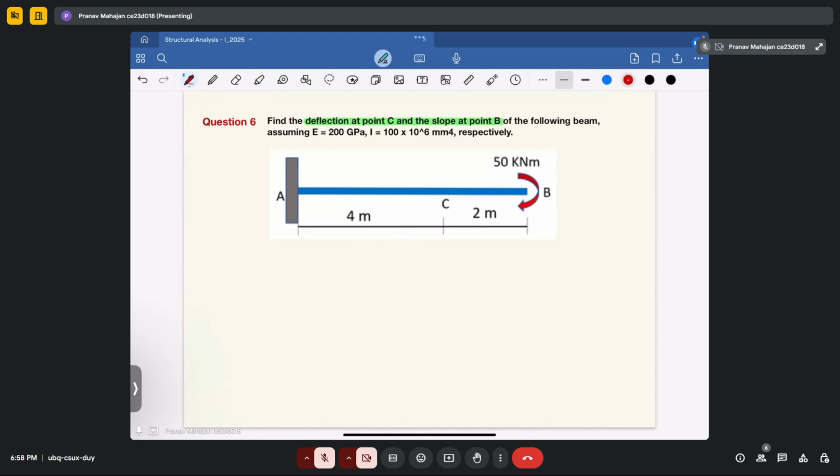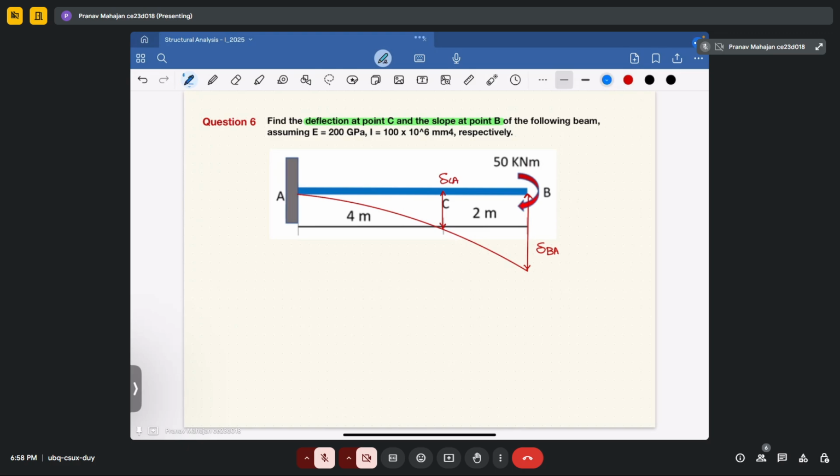How will the beam deflect? The beam will deflect like this. Fine. And in this case, your delta at B will be your delta BA, and this would be your delta CA. Fine. So we will calculate delta CA.